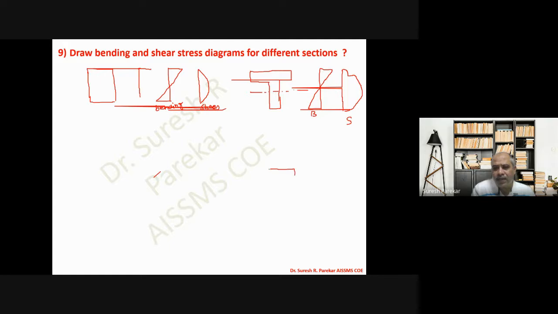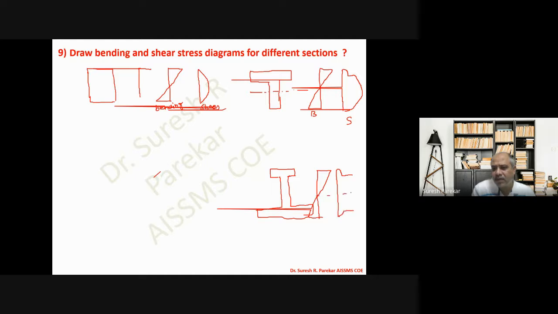If we plot for the I section, let us take the I section in this fashion. So this will be the I section. And then how do we get it for the I section? Again, the bending stress diagram we are going to get is the same. There is no change in the bending stress diagram. But the shear stress diagram, if we plot it, is in this fashion. Then here we have like this.